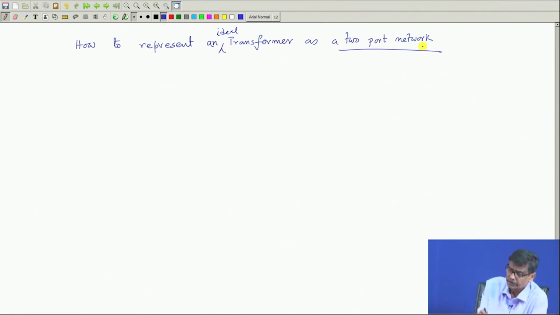We know what a transformer is. Suppose you have an ideal transformer here, these are the dot terminals of the transformer.